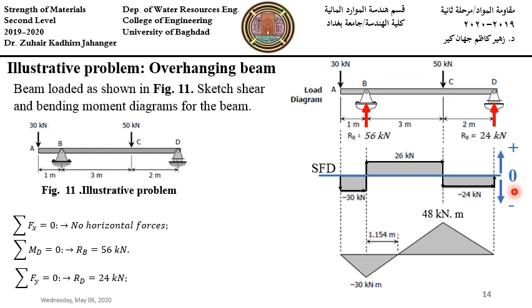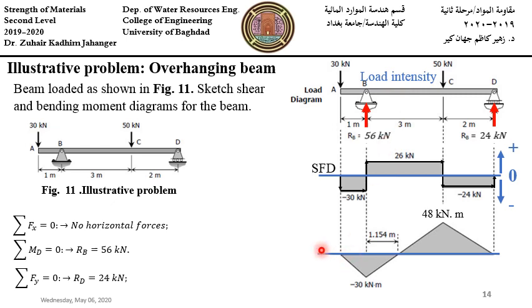Then at D, the reaction of 24 changes the shear ordinate back to zero. For moment, the shear is related to the load intensity.